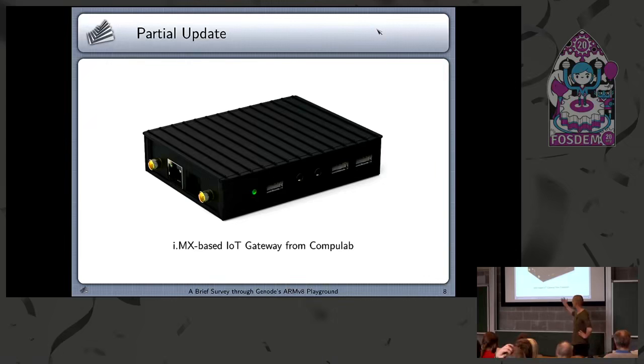And this is such a device. But of course, you always have the problem of firmware upgrades in such environments. And as you have seen, we have this depot packaging mechanism.